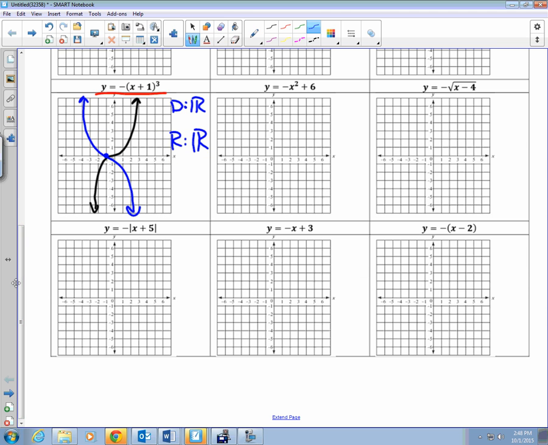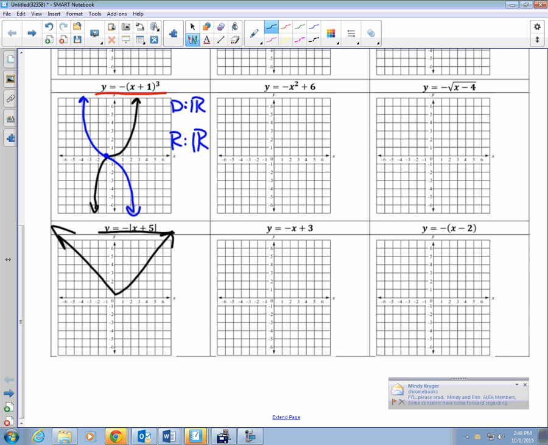Let's do one more. Absolute value of x plus 5. What shape does it make? A V? Plus 5 is on the inside or the outside? Inside. So it shifts it 5 to the left because it's plus 5. And then the negative. Does that mean it's right side up or upside down?